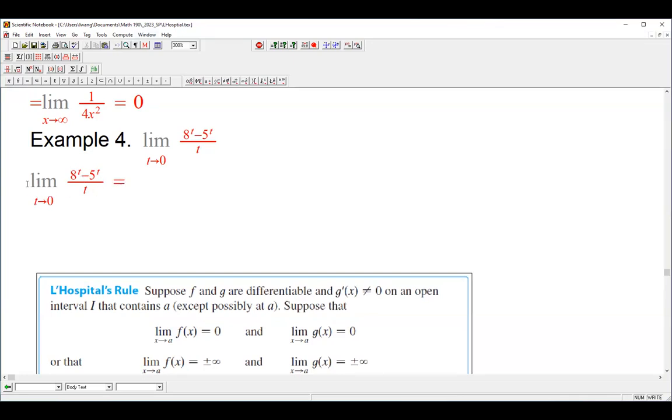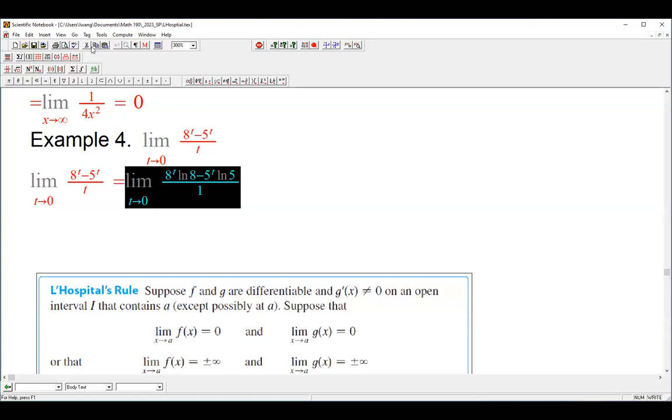So L'Hopital's rule applies. We're going to take a derivative of the numerator and the denominator. The derivative of the denominator is 1. The derivative of 8 to the power t is 8 to the power t multiplied by ln 8, subtracting 5 to the power t multiplied by ln 5.